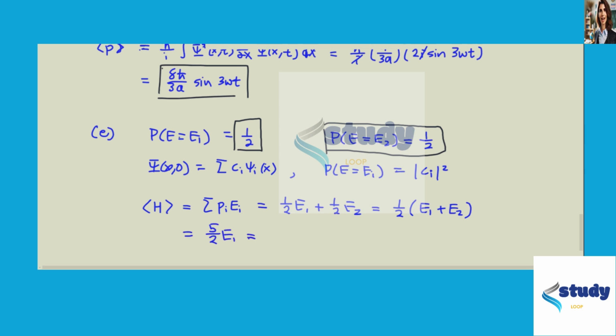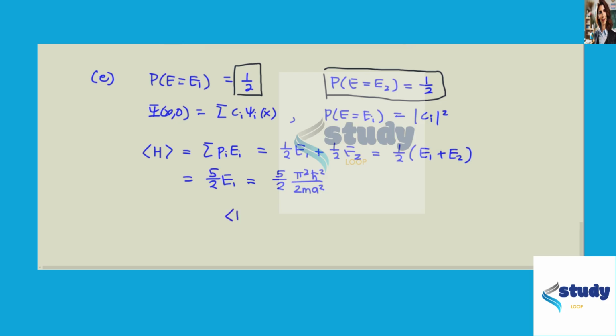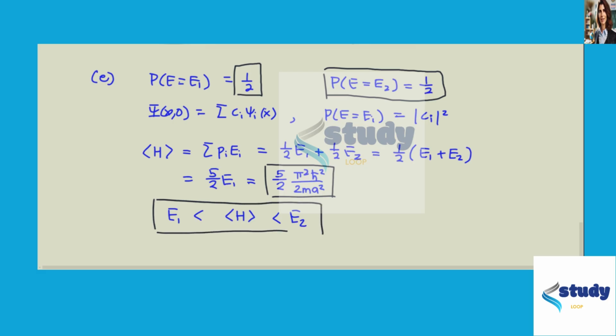This is 5 over 2 times pi squared h bar squared over 2 m a squared. So the expectation value of the Hamiltonian is in between E1 and E2. This is the expectation value of the Hamiltonian, and this is how it compares to E1 and E2. And that's all for this question.